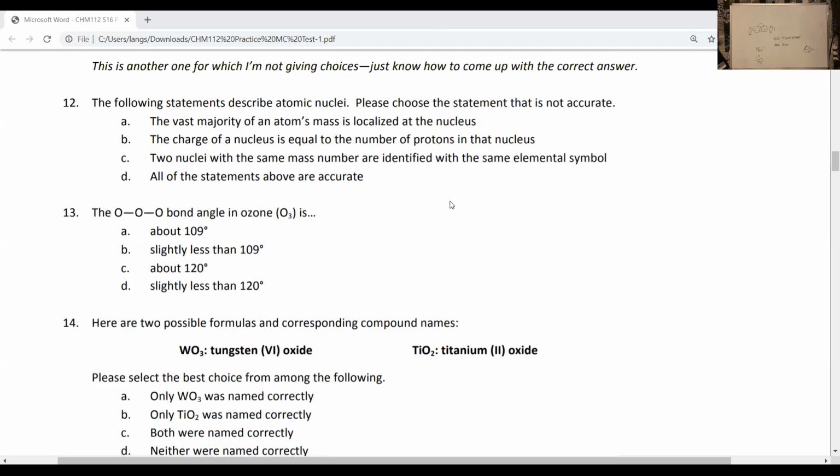Where is that? Is it 8? Basic concepts. There we go. Sorry, give me a second. Hybridization. Here we go. Cool.